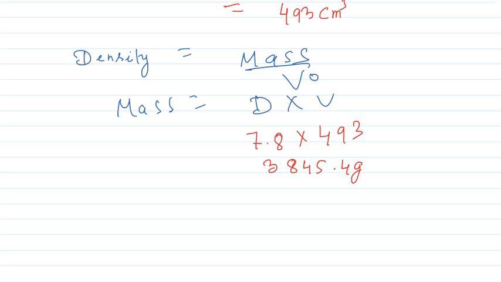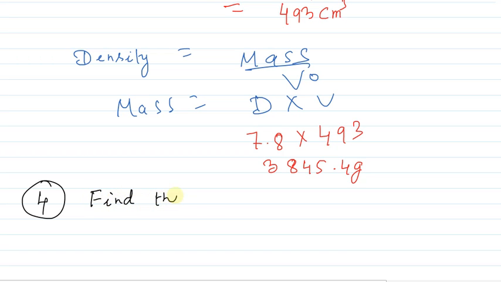Next sums, that number 4 will do. I think you can do this question. I am writing the question on the board. Number 4 I am doing. Please do in the class. The question is, find the diameter of a sphere whose surface area is given.